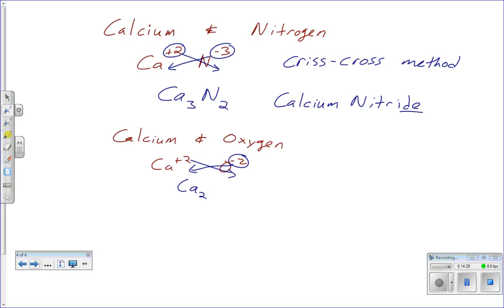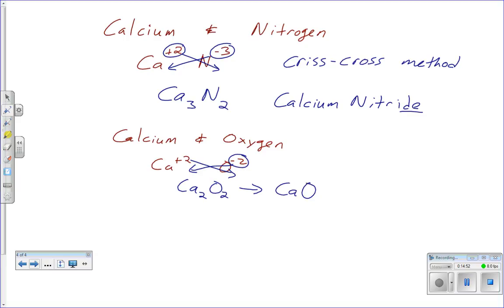This 2 would come down behind the oxygen. And now we have a 2 for each one of them. And it's kind of like math class. If they can both be divided by the same number, we do that and reduce it. I know math teachers don't like to use the word reduce anymore, but I don't care. I'm not a math teacher. So there.